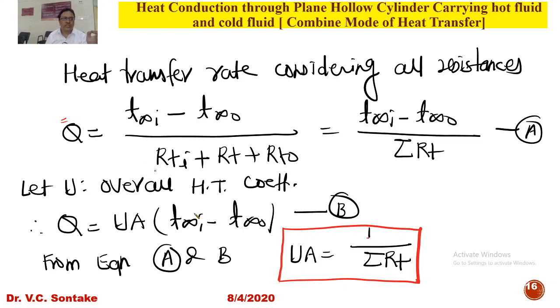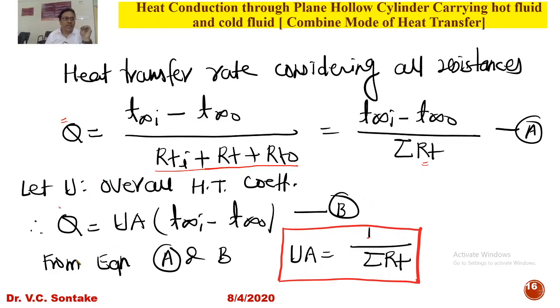So their resistances will add up. So Q is equal to T infinity i minus T infinity o over summation of RT, where summation of RT is nothing but RTi plus RT plus RTo.